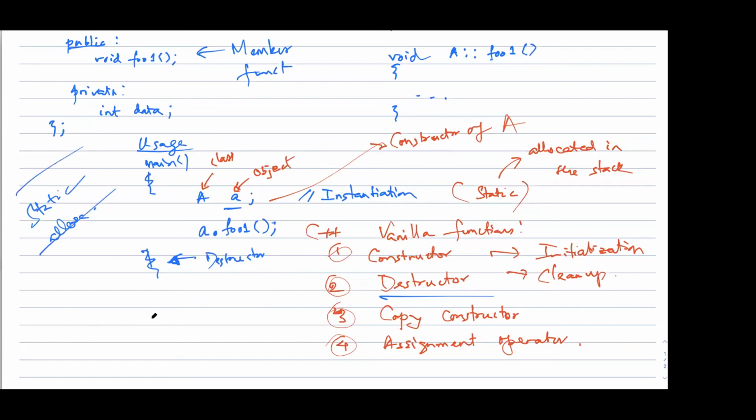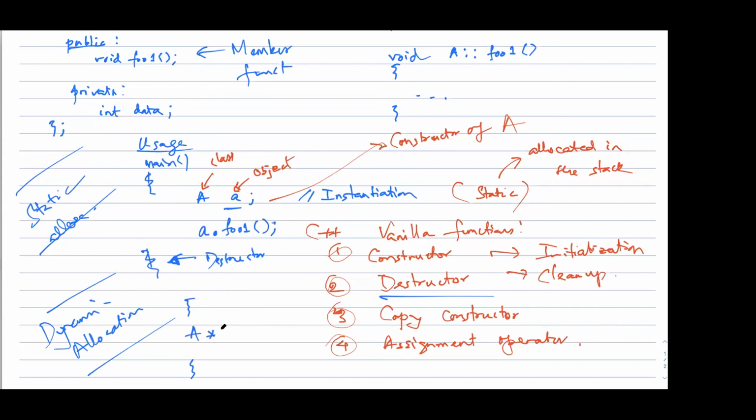Let's talk about another usage of this. The other way of allocating would be dynamic allocation. So dynamic allocation would be, again, writing some block. This block can be anything inside your function. Obviously you have to have a pointer.